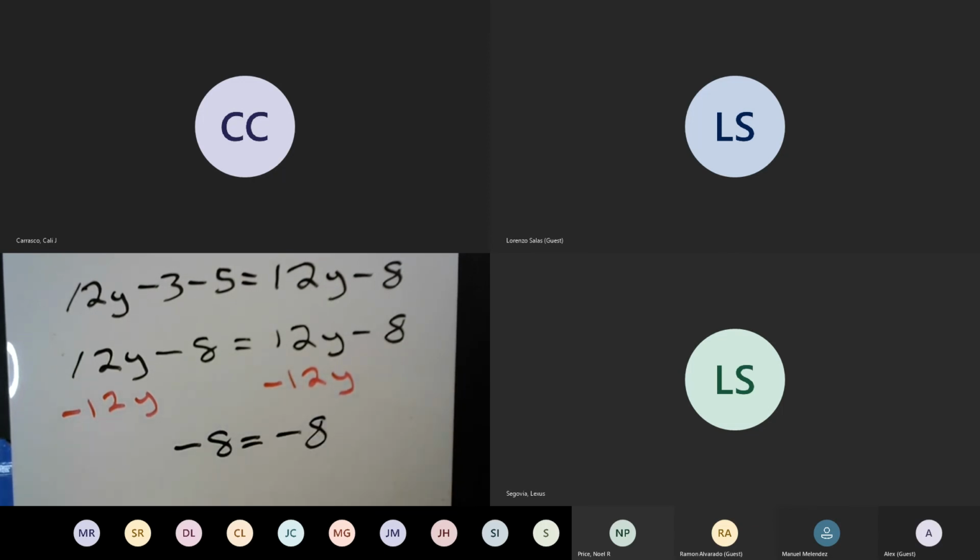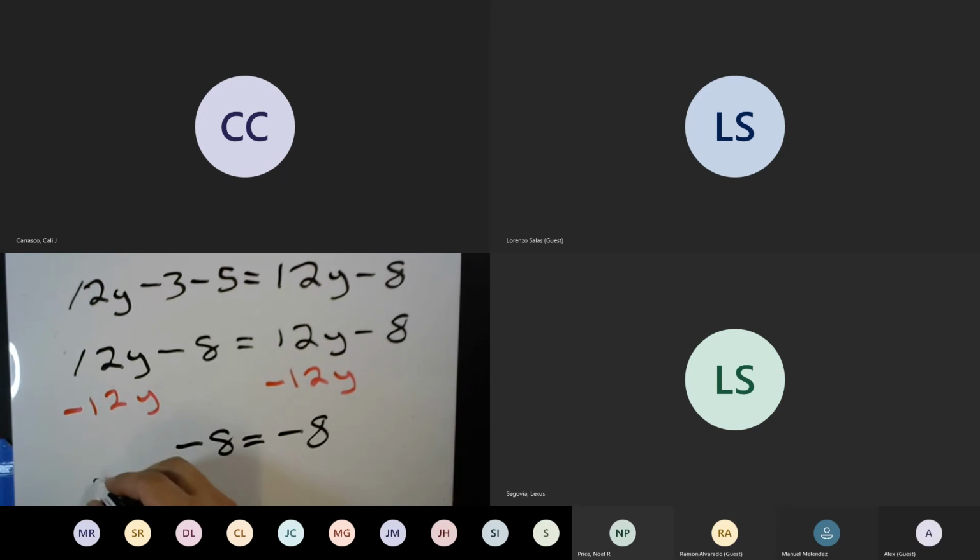And so we get negative 8 is equal to negative 8. Now, this is sort of an unusual answer. But what we're going to say is this. This is always true.